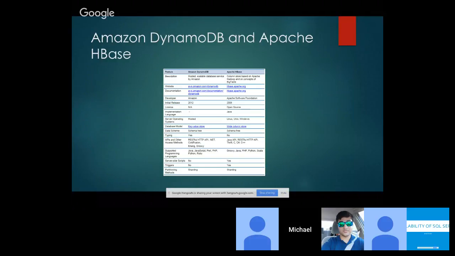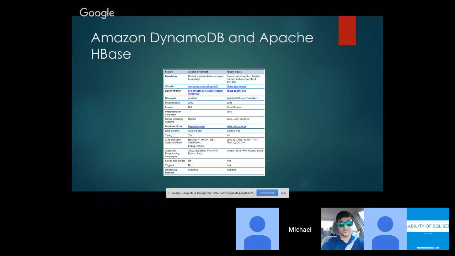Now, there was a specific white paper that I downloaded from the AWS website that dealt with a comparison of Amazon DynamoDB and Apache HBase. The actual features are differentiated, talking over the different operating systems, where Amazon's Dynamo is hosted, whereas Apache is differentiated amongst Linux, Unix, and Windows.